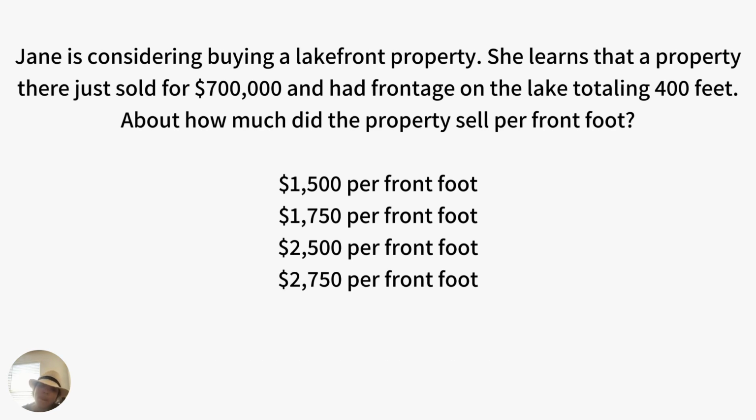Jane is considering buying a lakefront property. She learns that a property there just sold for 700,000 and had a frontage on the lake totaling 400 feet. About how much did the property sell per front foot? When it comes to this, guys, when you do a frontage, you're always going to calculate that first.